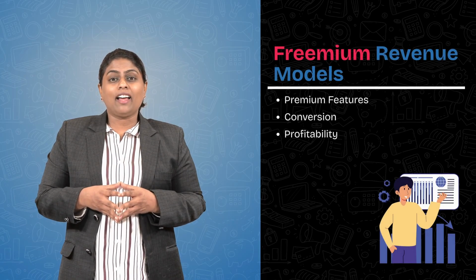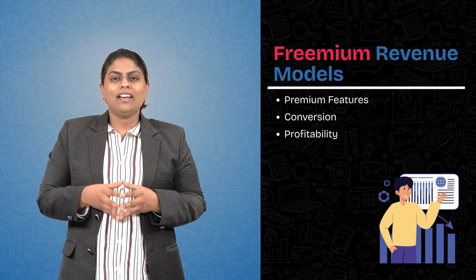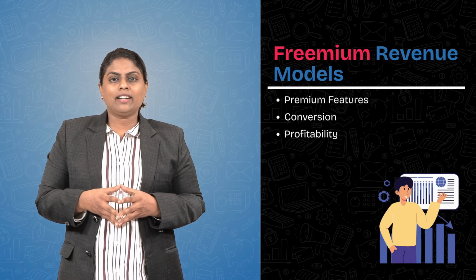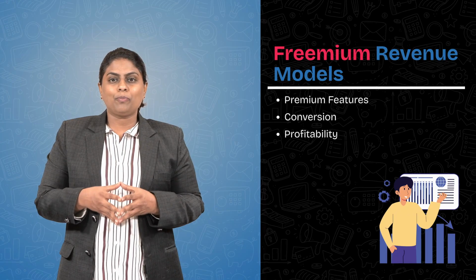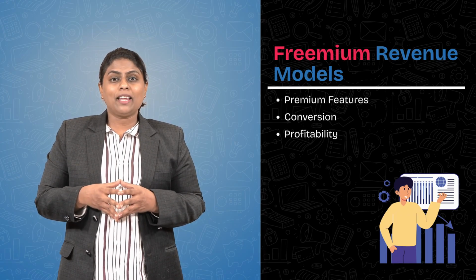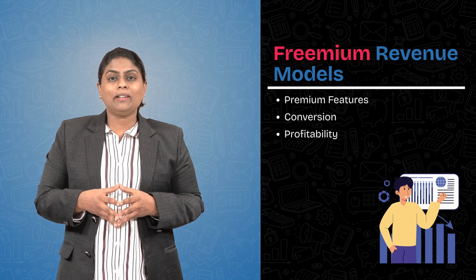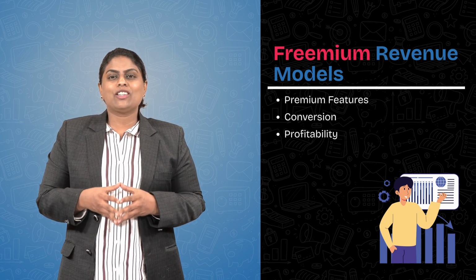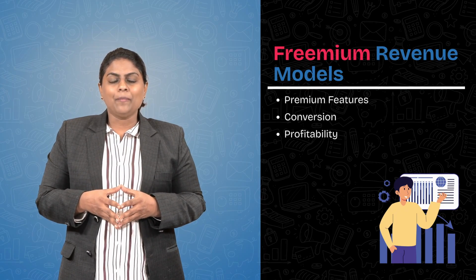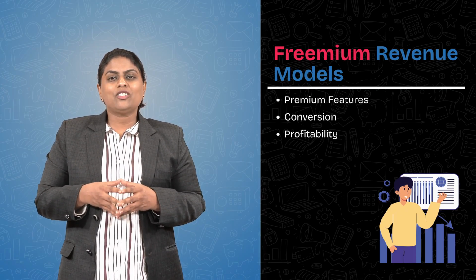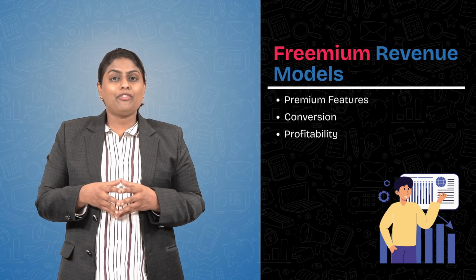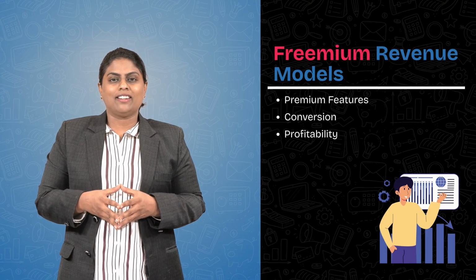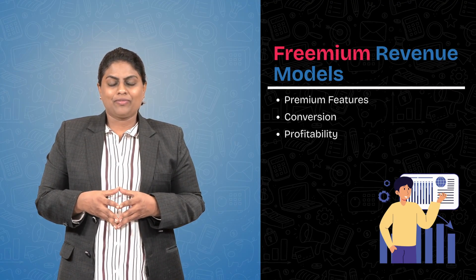The freemium revenue model allows customers to use a limited version of the product for free. Then a portion of them is converted to paying plans by upselling premium features with higher limits or better support. This can dramatically lower acquisition friction and CAC, but it introduces the challenge of supporting many free users while achieving an adequate conversion rate to maintain positive unit economics.